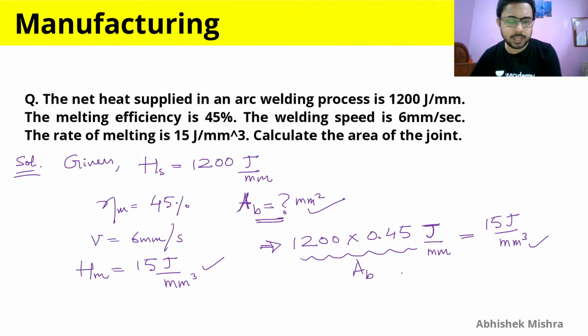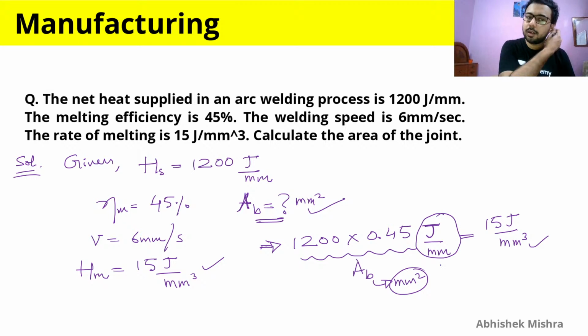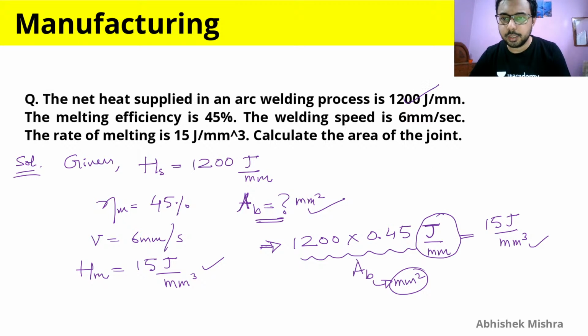By units we see that area's unit is mm square, and we have joule per mm, and we have to match the melting heat of 15 joule per mm cube. So joule per mm cube is the unit that we need, but we have joule per mm in the question, so again we have to divide by the area of the joint. Logically you can do this, or you can also do it by seeing the units.